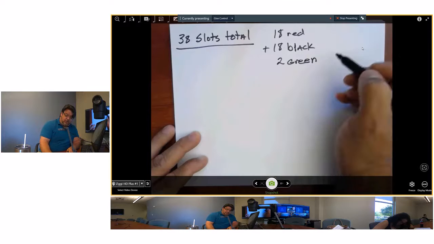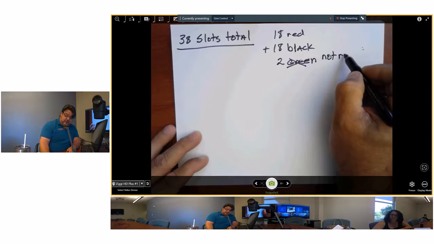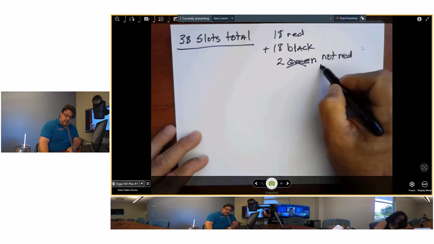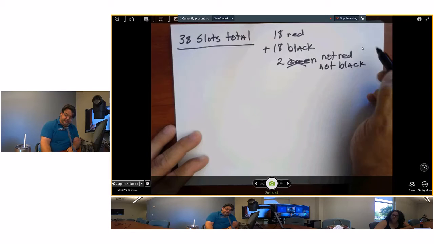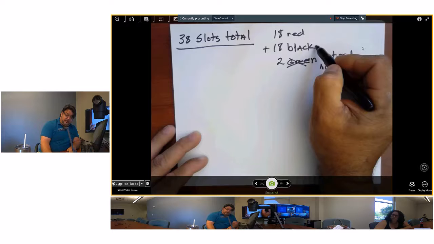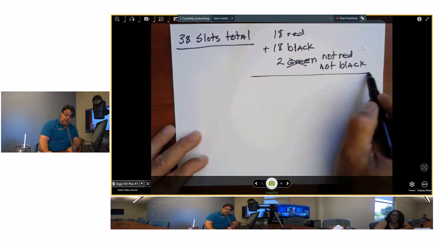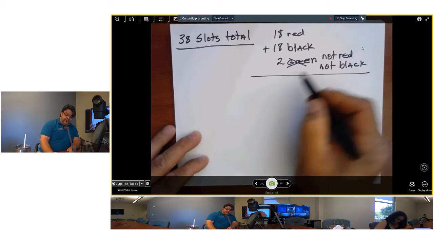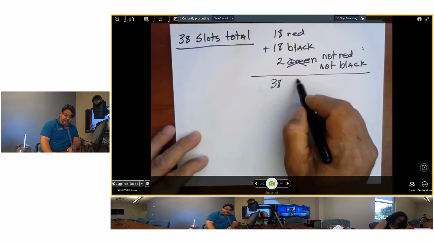So I'm going to mark through green, and I'm going to say not red and not black. Why did I do that? Because success and failure is in terms of what? Red and black. Good. So that means the total is 36 plus 2 is 38 slots.